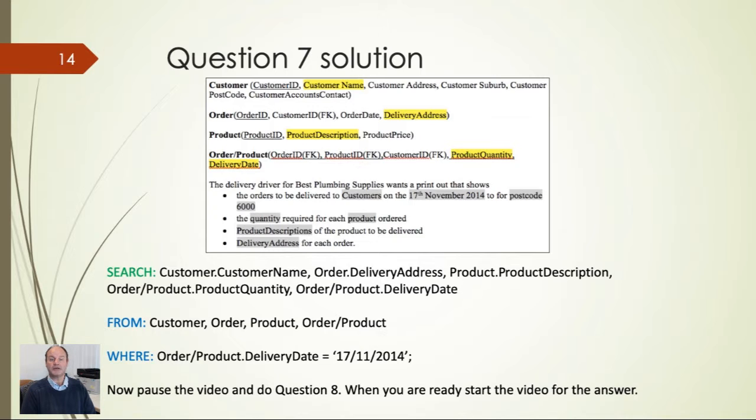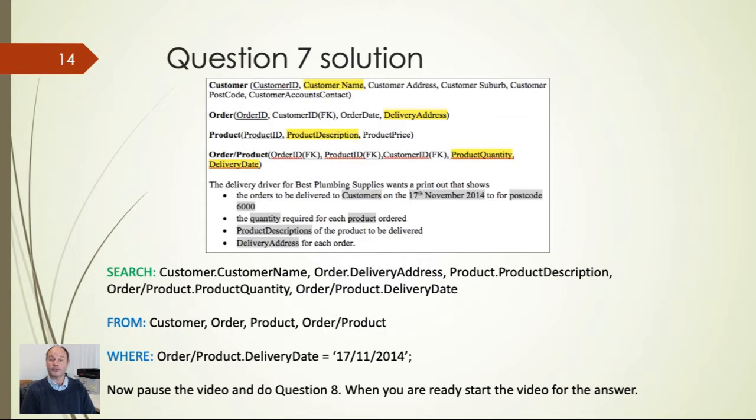SELECT customer, full stop, customer name, comma, order, full stop, delivery address, comma, product, full stop, product description, comma, order stroke product, full stop, product quantity, comma, order stroke product, full stop, delivery date.